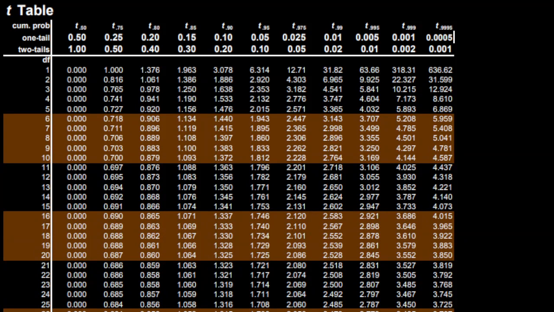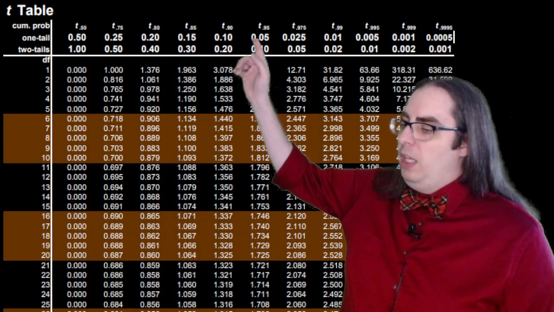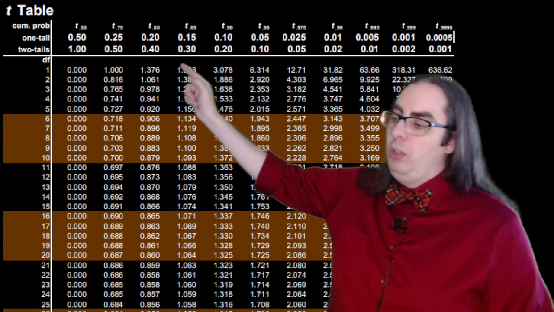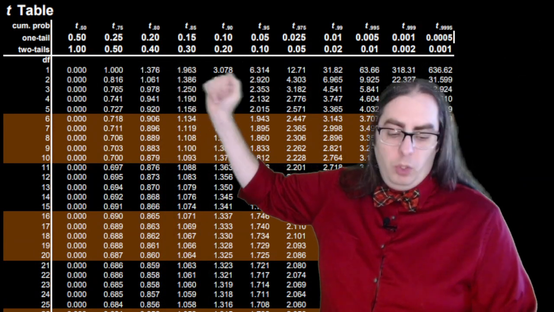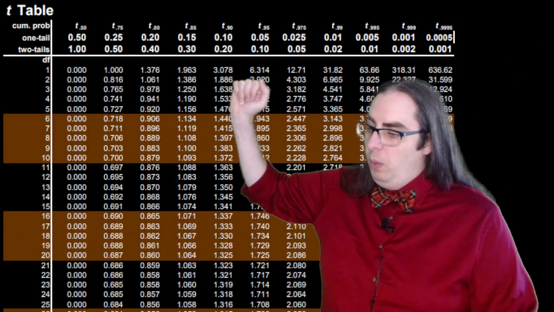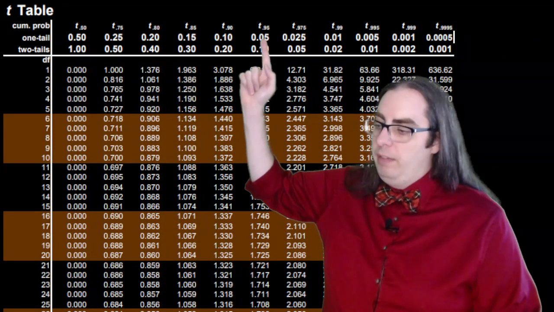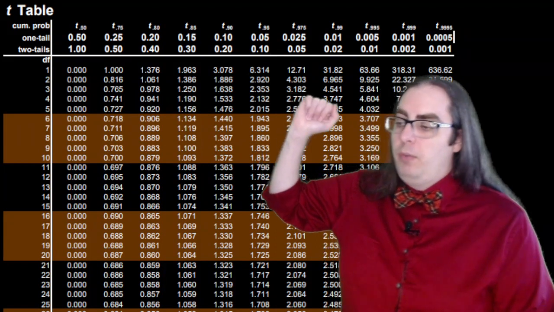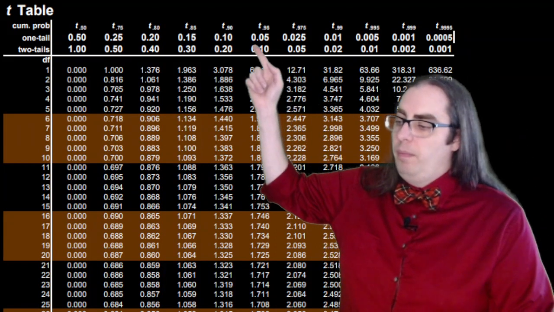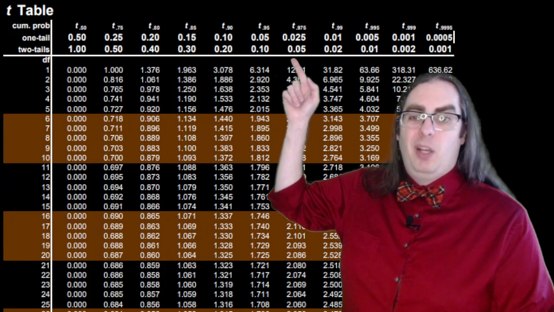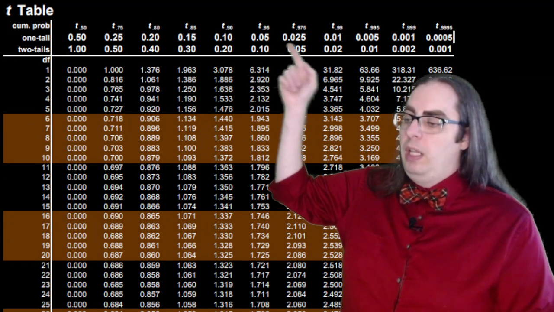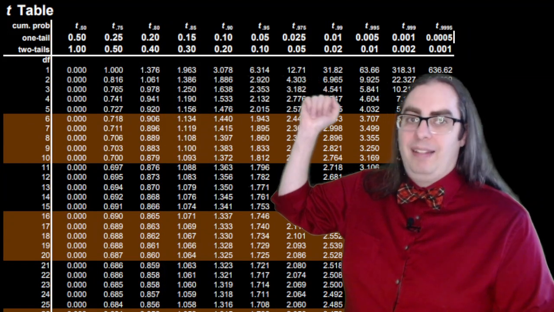And again, depending on which t-distribution table you are looking at, the headings here can look a little bit different. In this particular table, at the top row, you can see that it's labeled as cumulative probability. This is your confidence interval. So if we're looking for a 95% confidence interval, we're looking at t equals 0.95. If we're looking for a one-tailed test, we're looking here. If we're looking for a two-tailed test, we're looking here. Right? Depending on what you are given, that changes what we're looking for. I'm generally going to be looking at the alpha values.